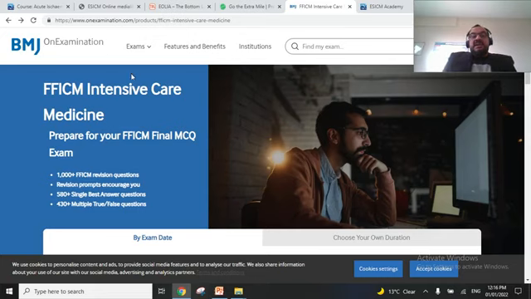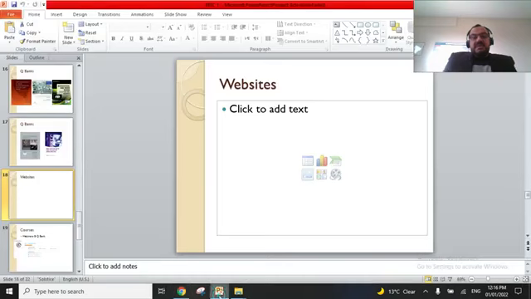But I just wanted to highlight that to open your minds to the other available resources, which may or may not be helpful, but they are MCQs in intensive care medicine. I mean, you may find it helpful for you. These are the main websites that I can remember that I used during preparation for the exam, either part 1 or part 2.